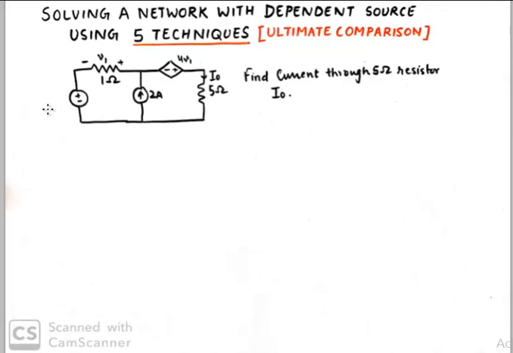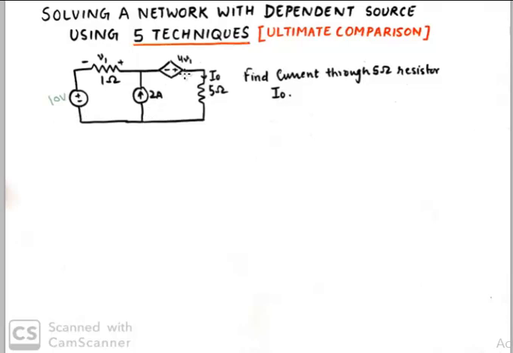And this is the network that we have in hand. And this is, by the way, 10 volts. Just by looking at this network, you'll see that we have two independent sources, a voltage source and a current source.